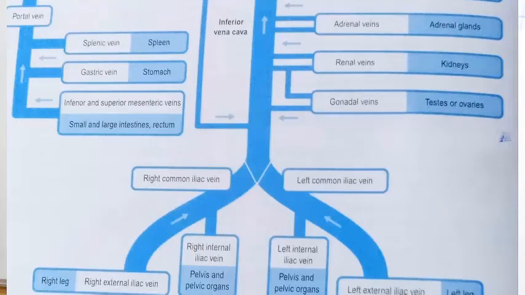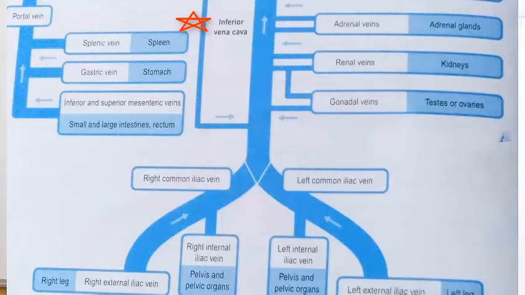As the inferior vena cava descends, goes down to the fifth lumbar vertebra, remember that blood is going towards the heart. Blood coming towards that part is from corresponding arteries.